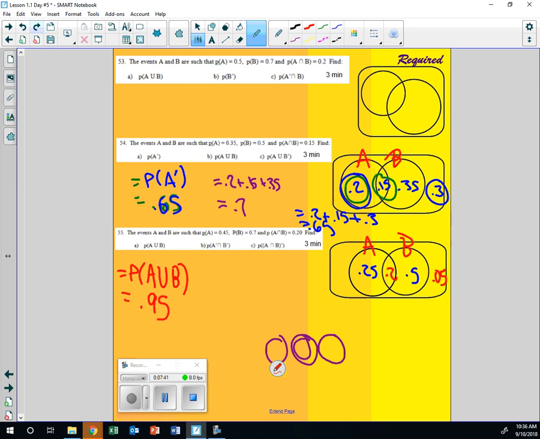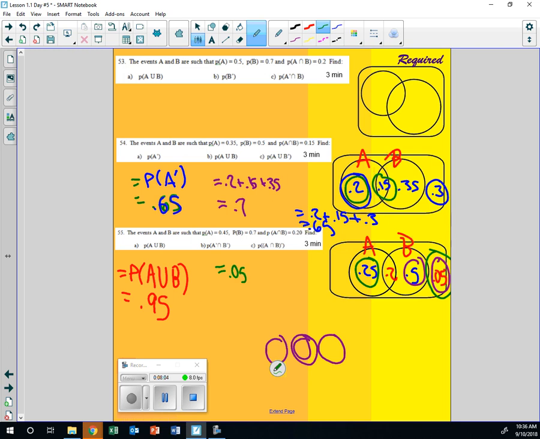Here's where it gets interesting. Probability of not A, which are these two, intersect not B, which are these two, okay? Probability of not A intersect not B, which one is circled twice? 0.05. So that one looks good.